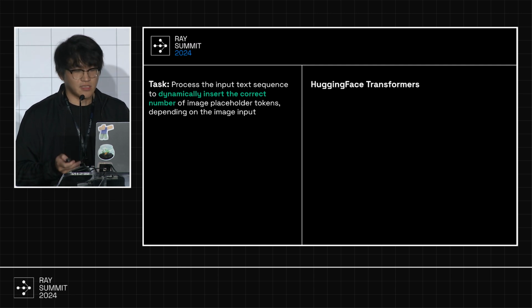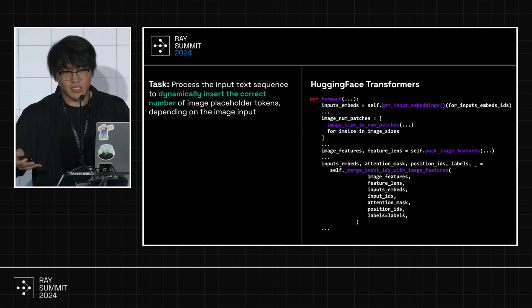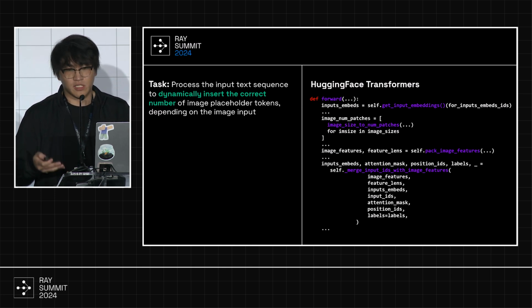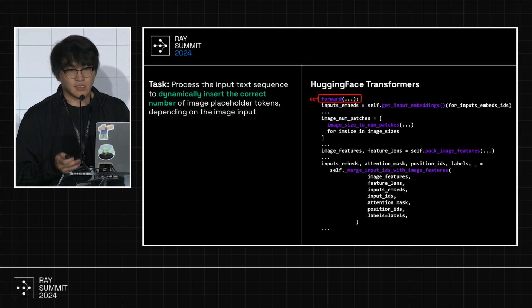In Hugging Face, as an example, they look at the input image, get the right number of image patches. These patches get converted to the actual length of the image embeddings, and they finally merge it with the text input tokens. But one problem is this happens at model execution time, meaning the GPU doesn't know until you run this code.